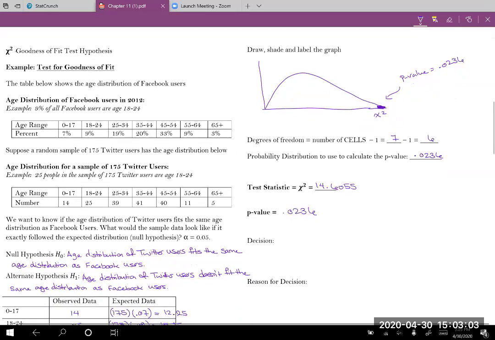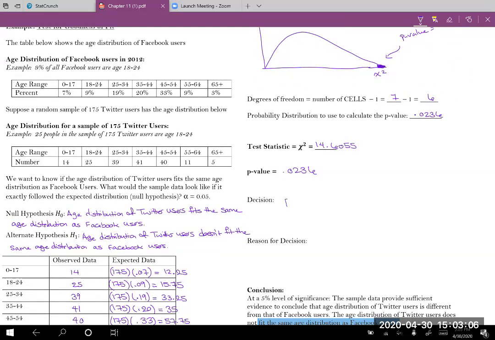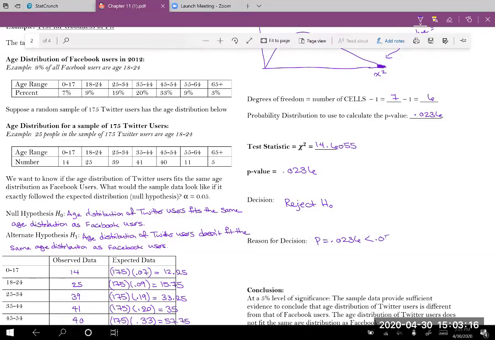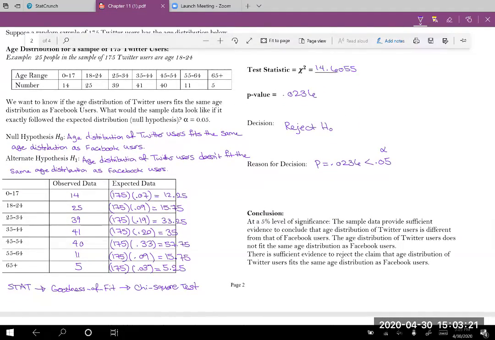So decision, we're going to reject the null. And the reason for that is since our p-value, which is 0.0236, is smaller than the alpha significance level. So if you're rejecting the null, then at 5% level of significance, the sample data provided sufficient evidence to conclude that the age distribution of Twitter users is different from the age distribution of Facebook users.